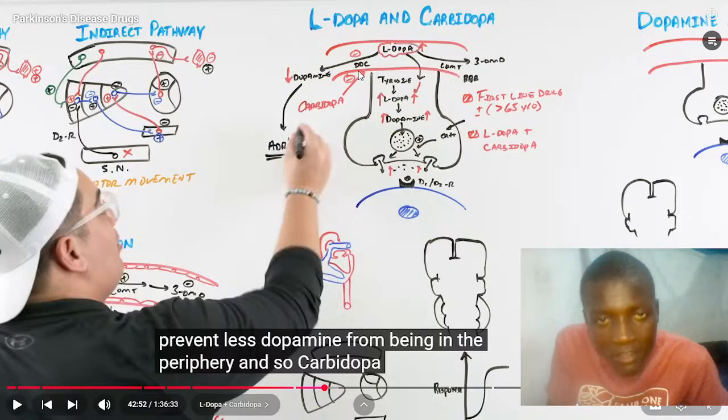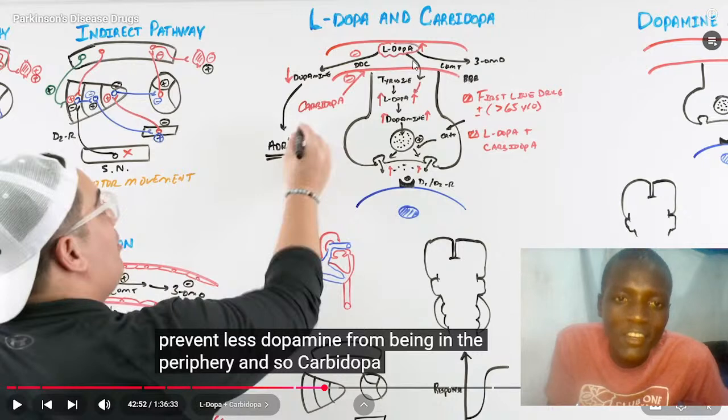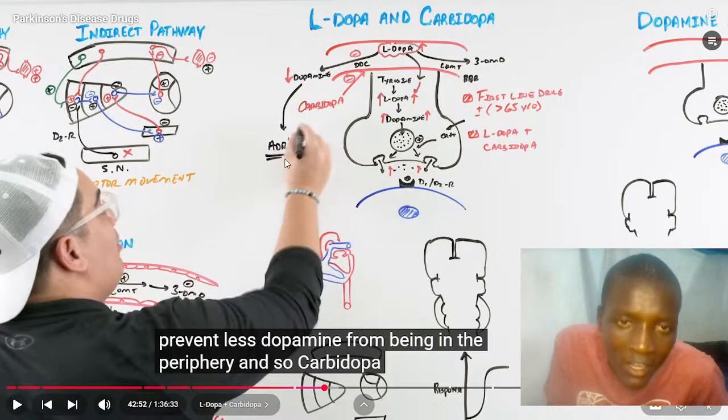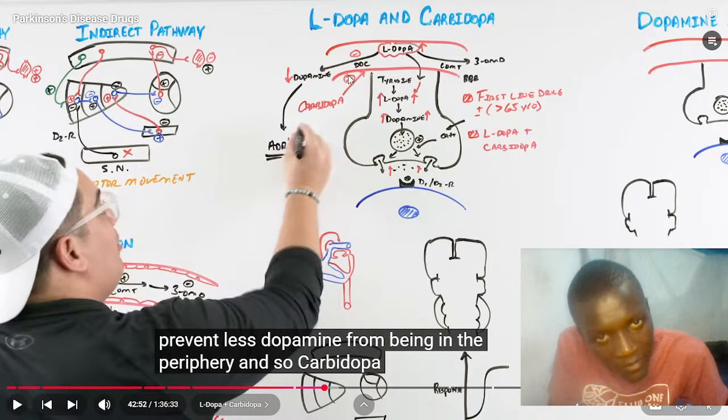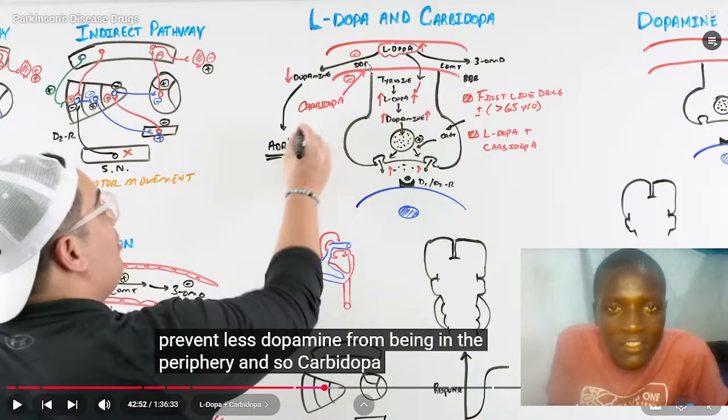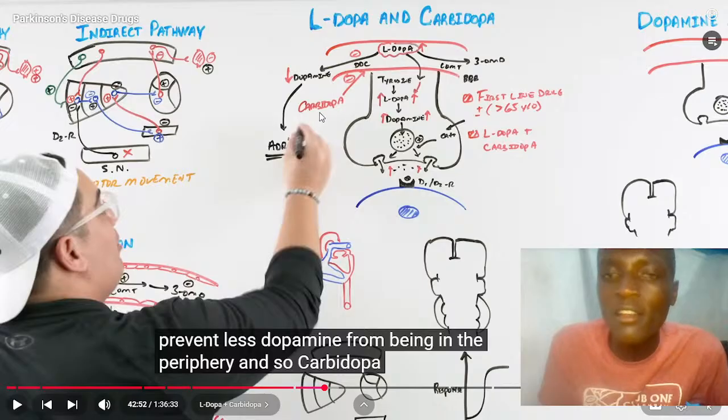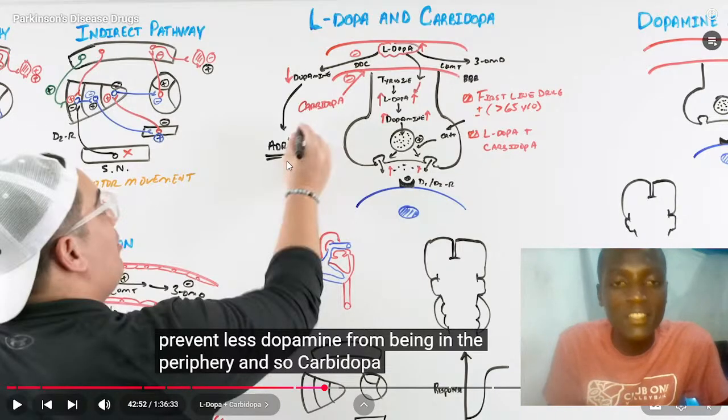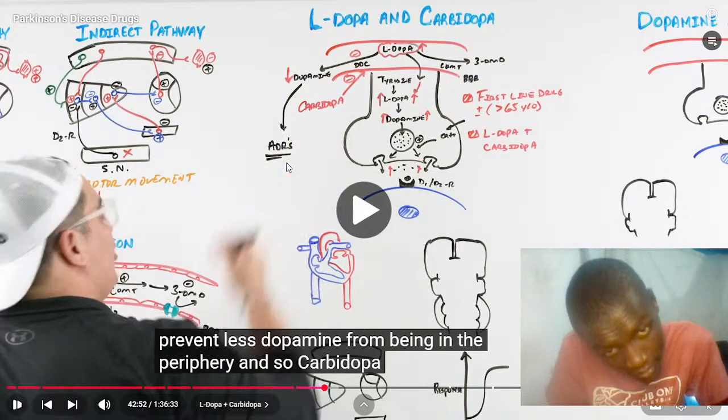Secondly, the more the dopamine, the more the adverse drug reactions. If you give carbidopa, it inhibits the conversion of L-DOPA to dopamine, which means fewer adverse reactions.